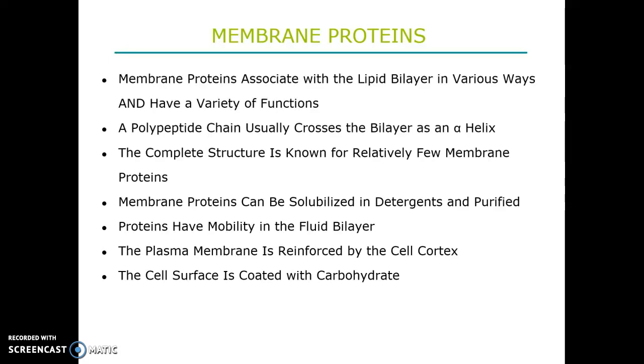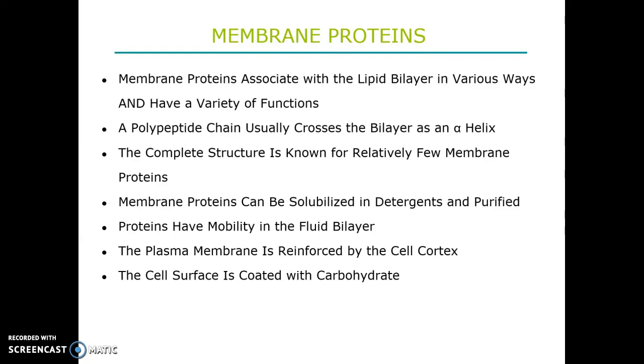So in addition to the phospholipids, the membrane also has proteins, and there are lots and lots of different kinds of proteins that are associated with the membrane. They can have various functions, like helping things to cross the barrier, like small molecules or ions.